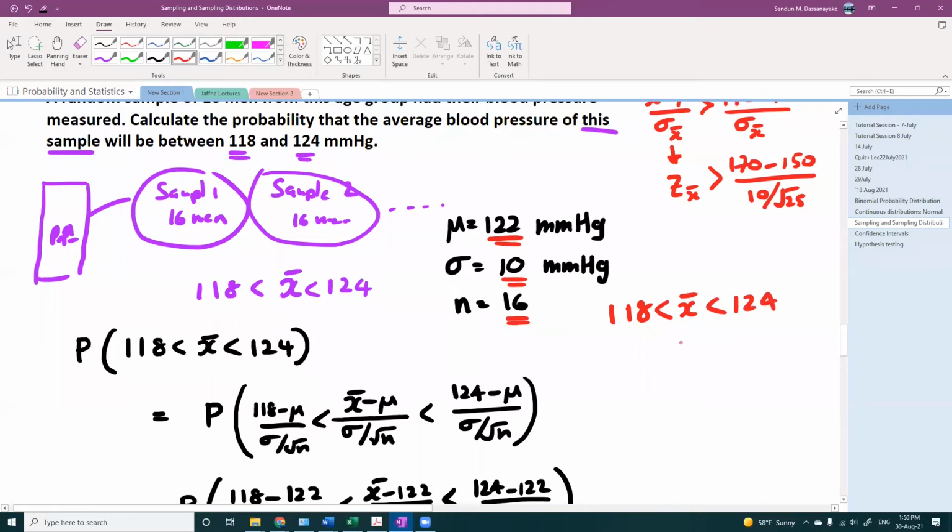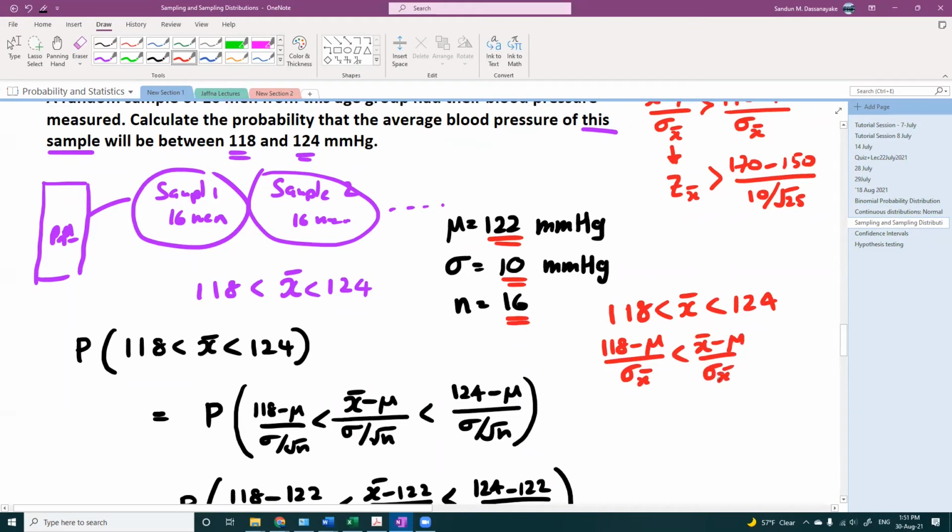How do we find that? You simply convert this entire thing into a standard normal distribution. How to do that? You reduce mu and divide by the sigma x bar, and you do the same thing for the other side.